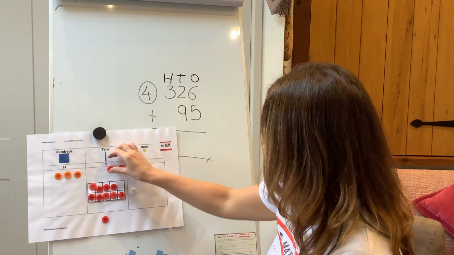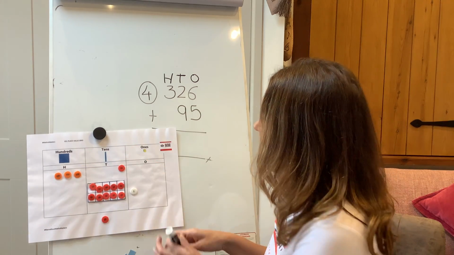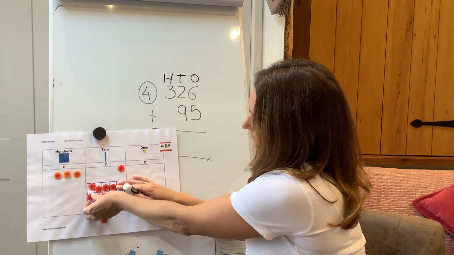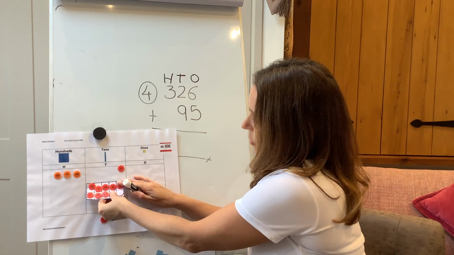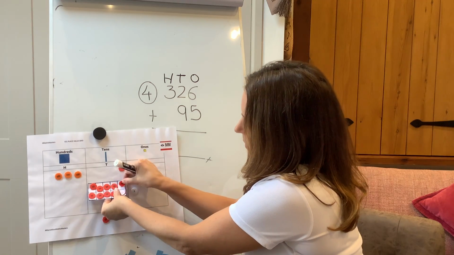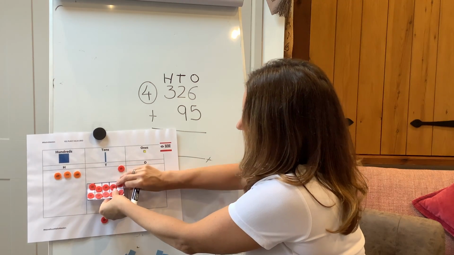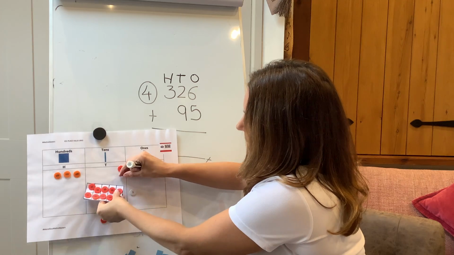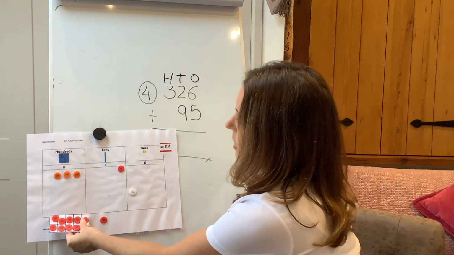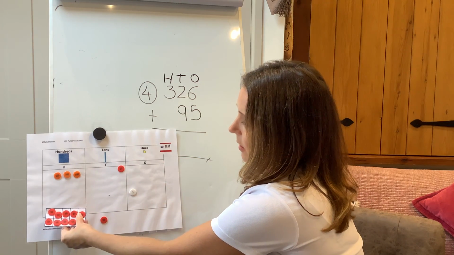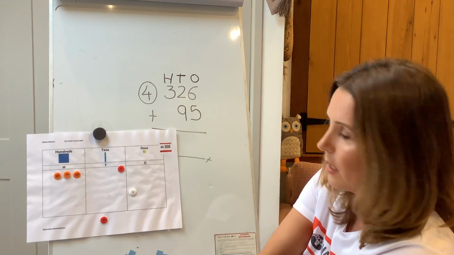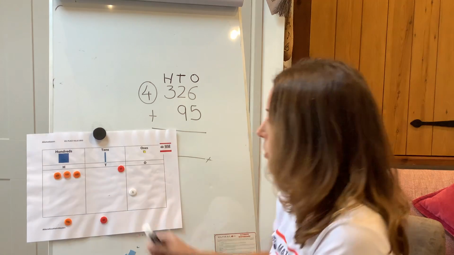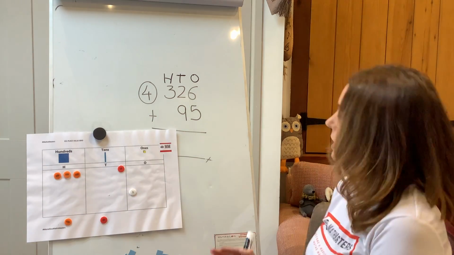I've got 9 tens, I can add a 10 there, that makes 10 tens. So now I need to exchange in this column. So this 100 frame has now been filled with my 10 tens, so I can exchange into the hundreds column. Those 10 tens are worth 100, so I'm going to replace those 10 tens for 100, and then I can do my addition.